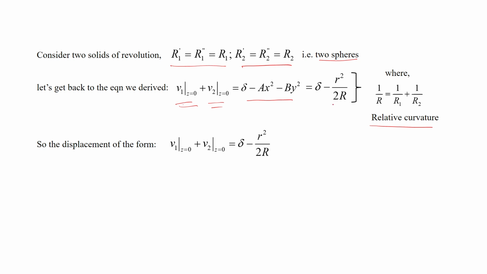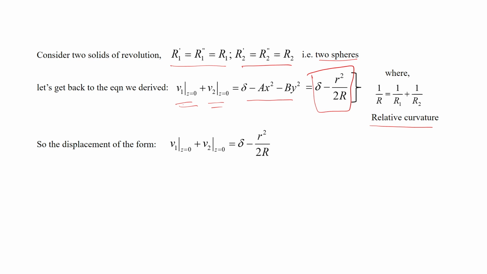That will come out to be 1 by 2R. So, we will have delta minus r square by 2R. That is just an extension of the equation that we have derived in the xy plane, but we can do it on this rz plane with theta symmetry, and so we can get this delta like that.